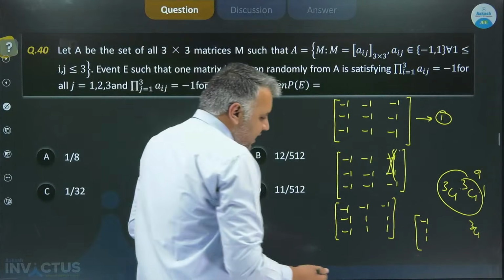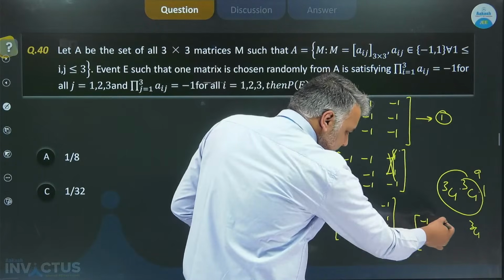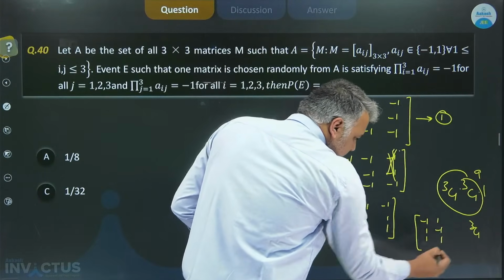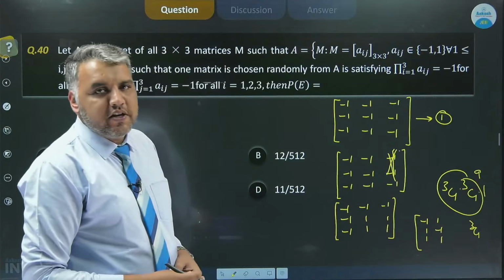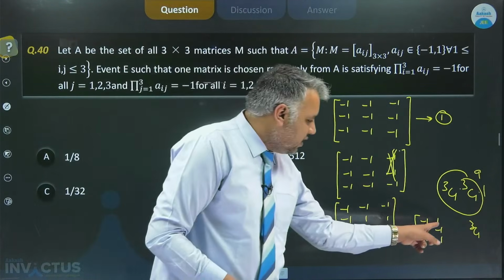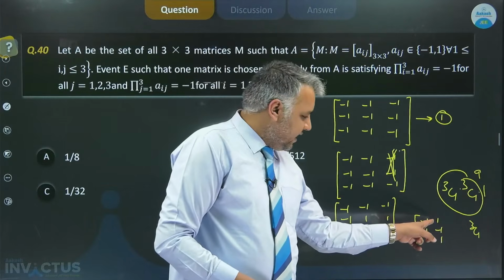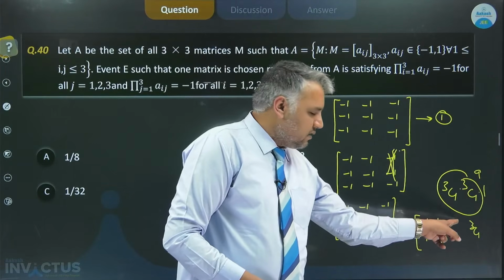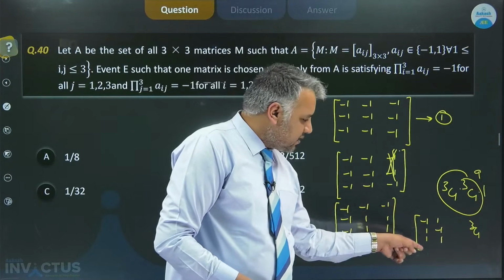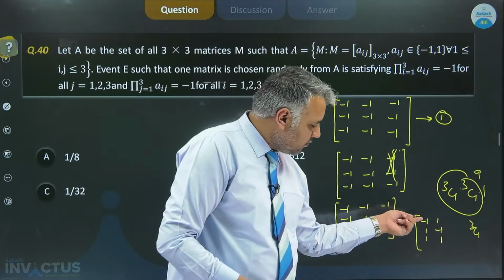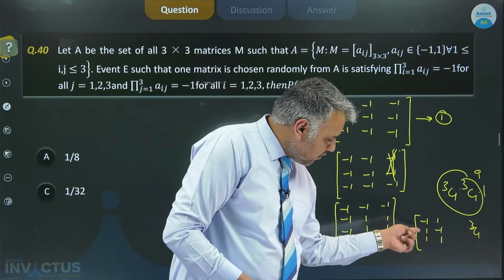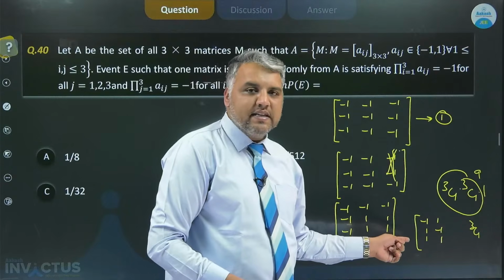Then you can say, okay, sir, in the second column there will be 2 possibilities to fix the negative sign, because the negative sign will not come here. If the negative sign comes here, then the last one will also have a negative sign, and according to that we have to fix this row so it will contain all the plus signs.